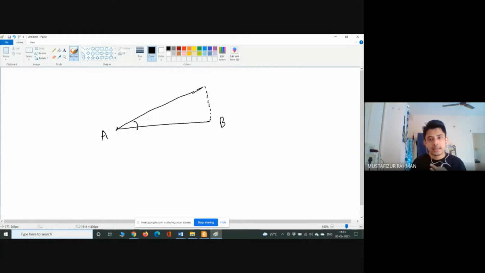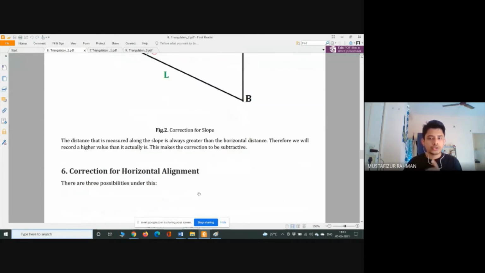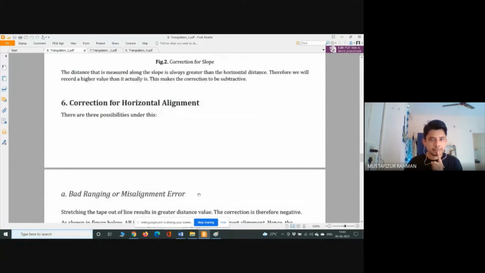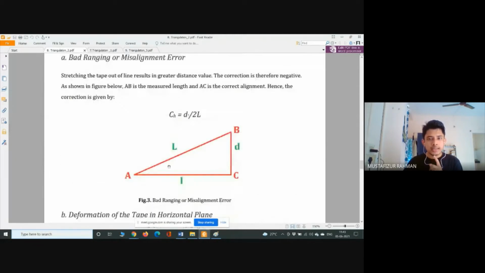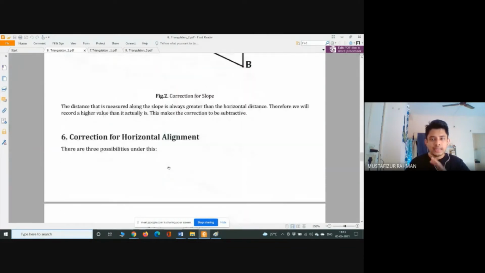Okay, we misaligned our measurement, so then we will have this error. So this will become a little bit clearer when we see this and when we do one or two numericals of this. Okay, correction for horizontal alignment, these two are exactly similar, just the direction. Okay, in the horizontal plane or in the vertical plane we are making our error. Other things are exactly the same, their formulas are also exactly the same.